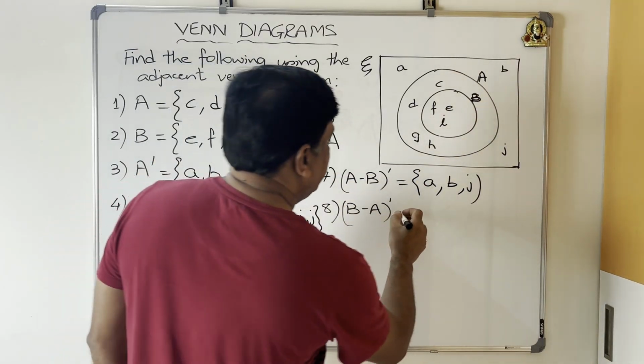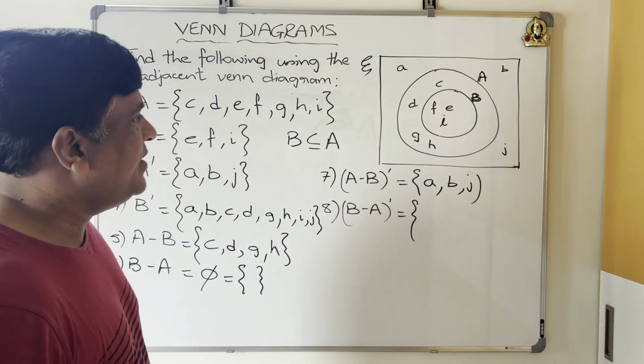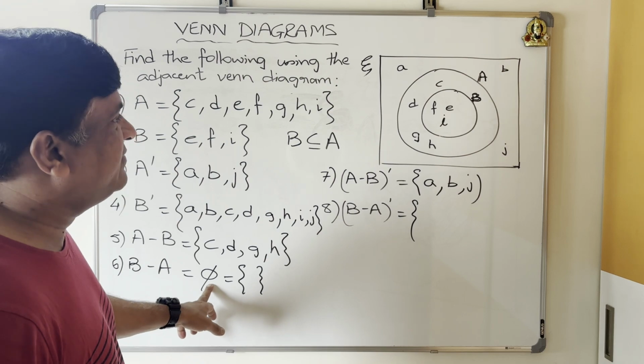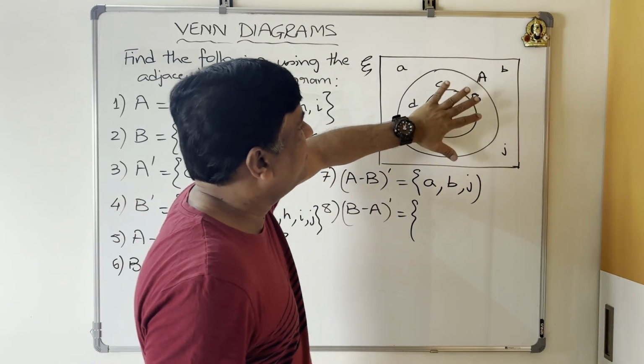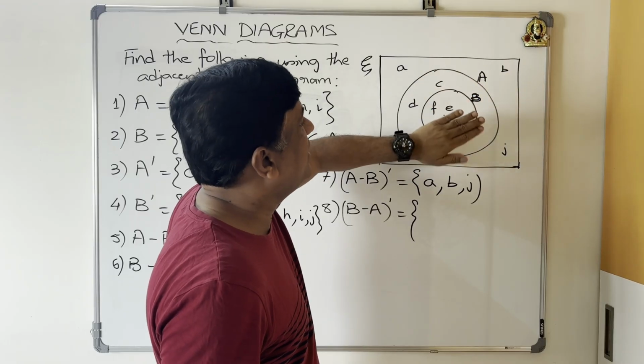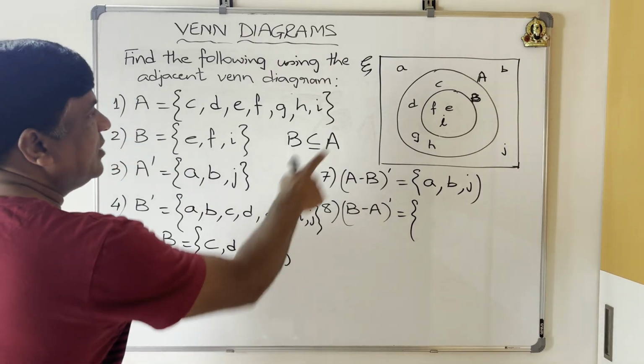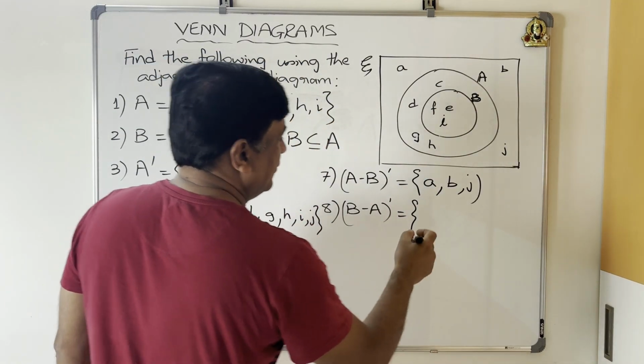Now B minus A complement. B minus A complement is a null set. So it will include everything, whatever is there in the universe.